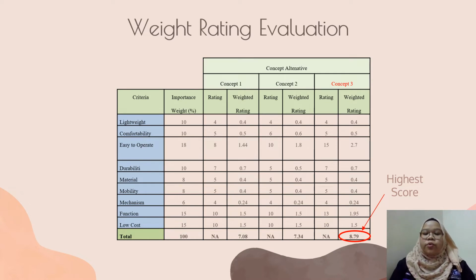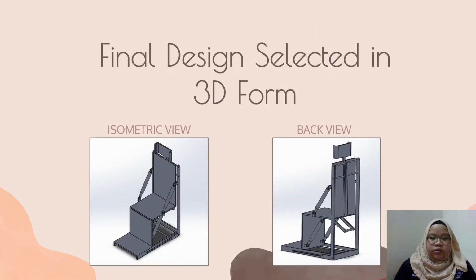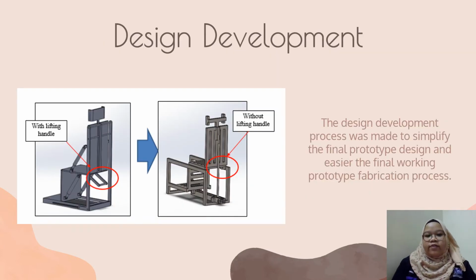So we use concept 3 for the next design development. This is the final design selected in 3D form, isometric view, and the back view from design concept 3. Okay, after that, we developed the design more.